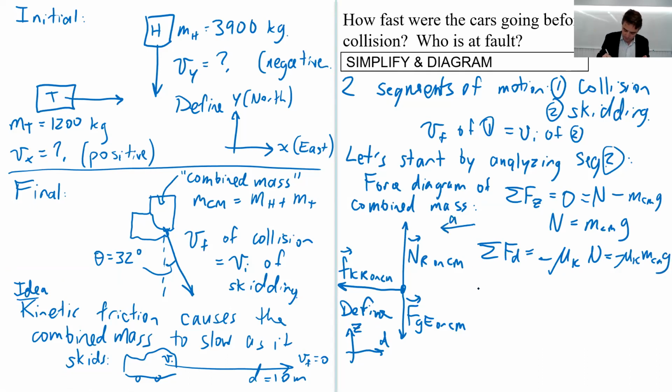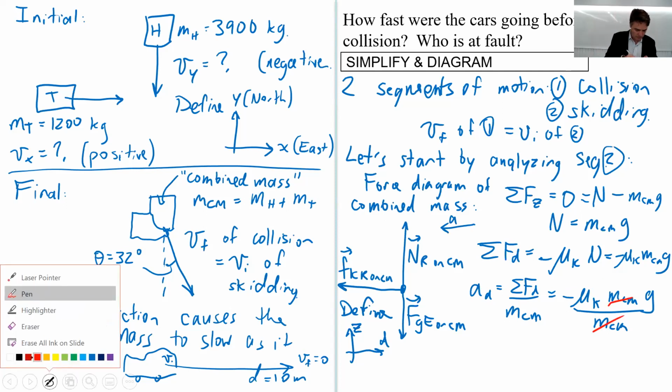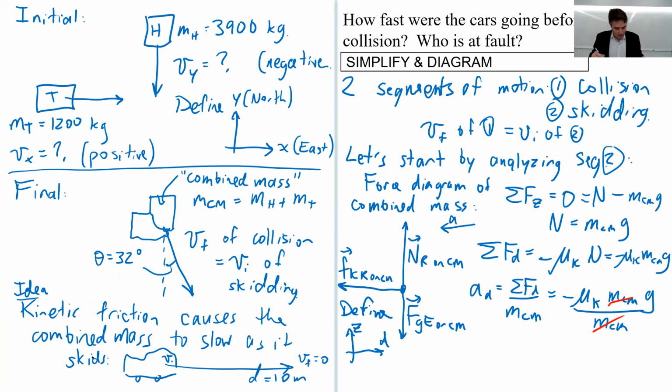This acceleration in the d direction is going to be equal to the sum of the forces in the d direction divided by the combined mass. So it's equal to negative mu sub k times m_cm times g divided by m_cm, which is nice because the m_cm's cancel. And then I'm going to use, again, equation 2.7, the one we used before, which is that 2 times a times d is equal to v final squared minus v initial squared.